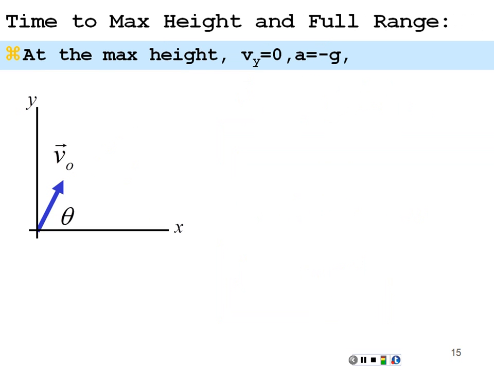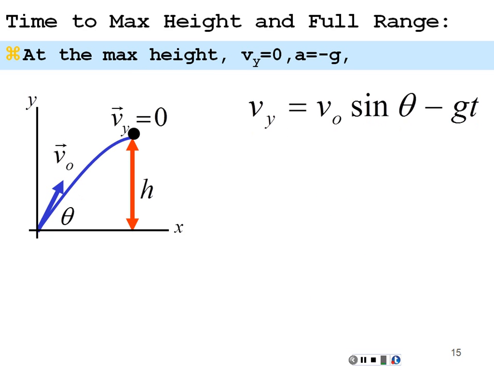Time to the maximum height, again, we'll realize that our final y velocity will be 0. We'll go as high as we can go and go no further. So at our final height, we'll have a 0 velocity. Acceleration is a negative g. So we know our final velocity will equal our initial velocity plus acceleration times time.